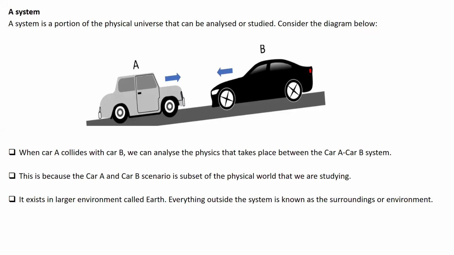Let's go. A system. When you speak about a system in physics, a system is a portion of the physical universe of Earth whereby physics principles can be studied or analyzed. So right now, as we speak, cars are moving. Maybe a ball is dropping to the floor, or maybe there could be a collision happening somewhere.